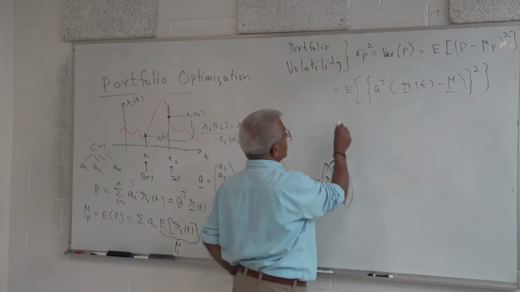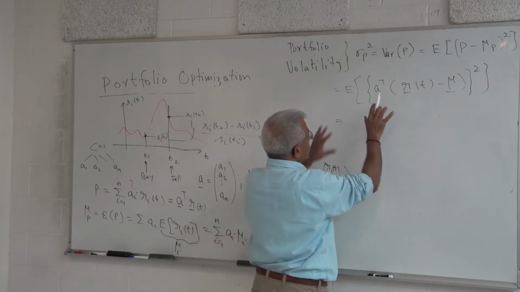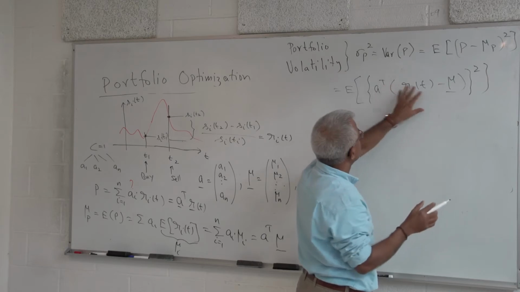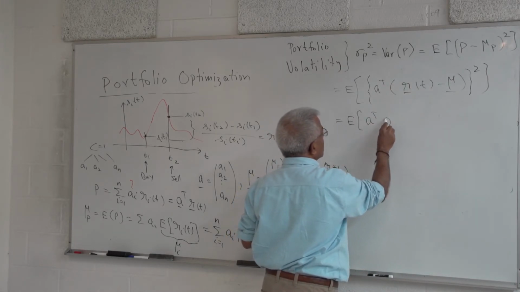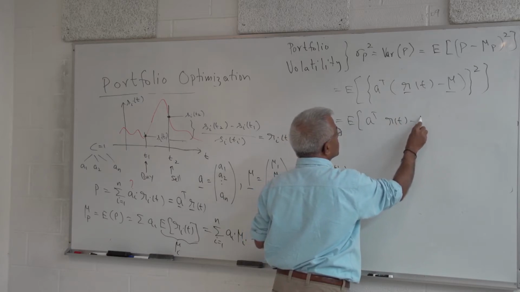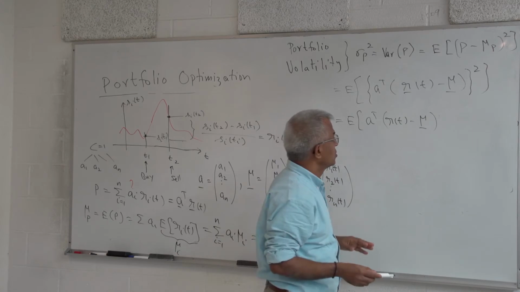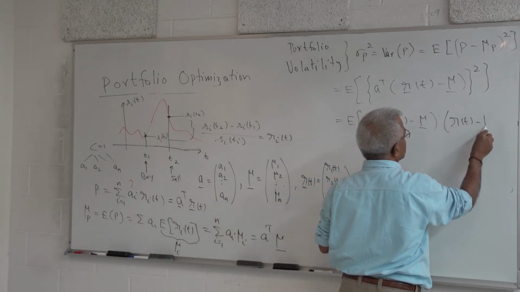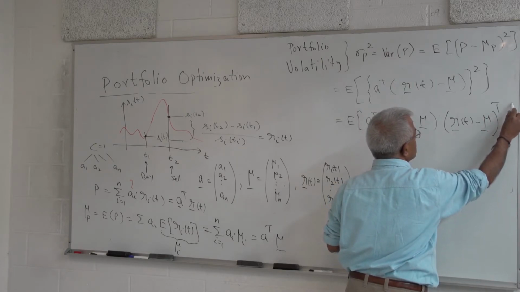Because it is squared, we can write this as P multiplied by P again. But this is a scalar, so I can write this as A transpose RT minus mu, multiplied by its transpose, which is the same thing, and its transpose is going to be RT minus mu transpose A transpose.